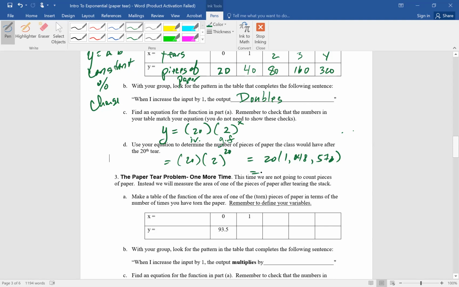But that's how you'd get it, just 20 times that number. We can do it if we really want to: 20 times 1,048,576. So you'd have 20,971,520. So you have almost 21 million pieces of paper.